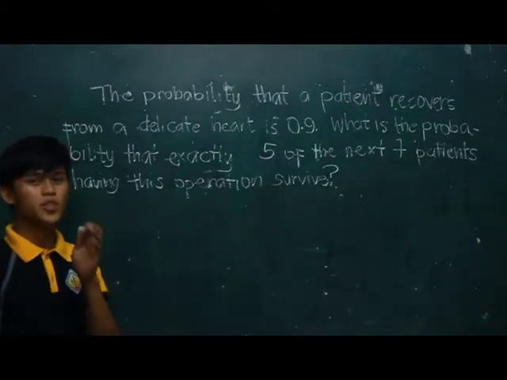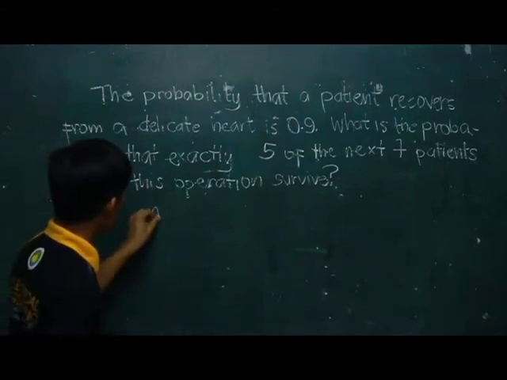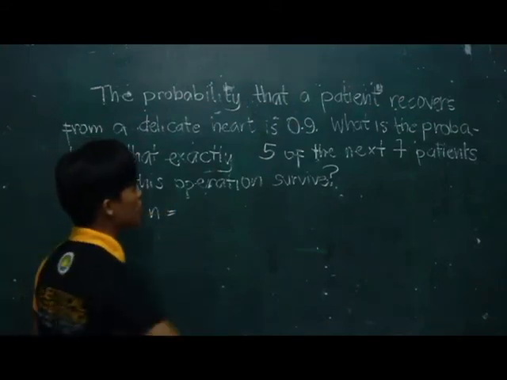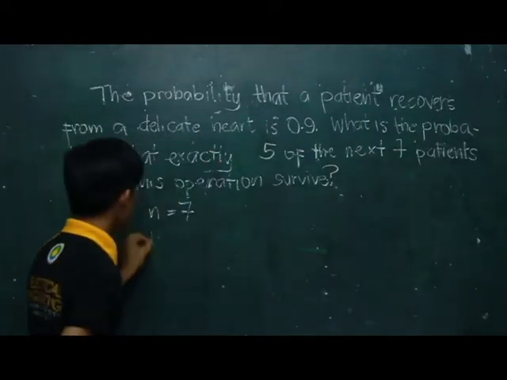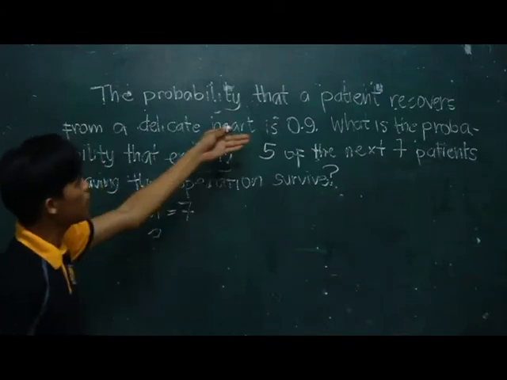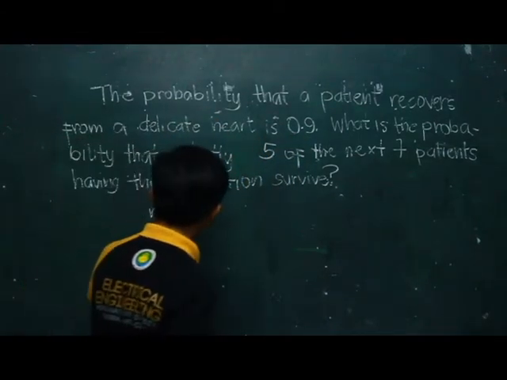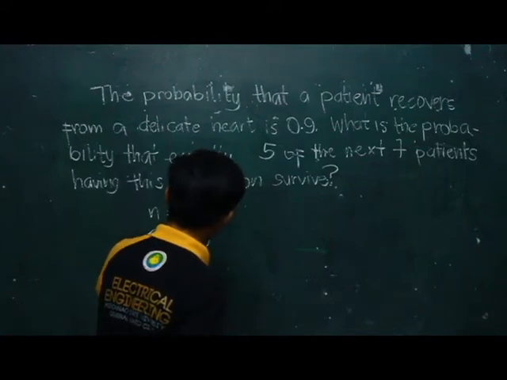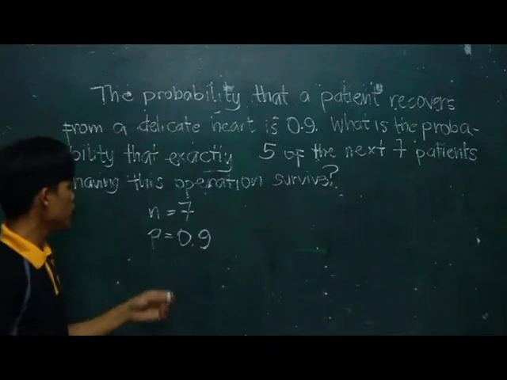First, we will consider the number of trials. So n, the number of trials we have here, is 7. Next is the given probability of the problem, which is 0.9. So let's input the said given values.